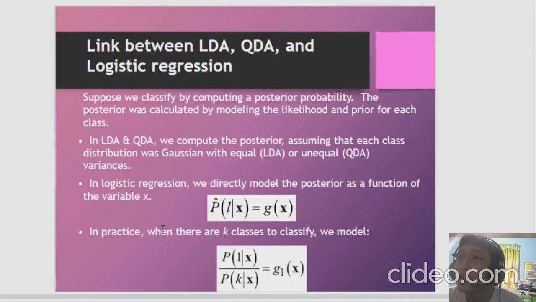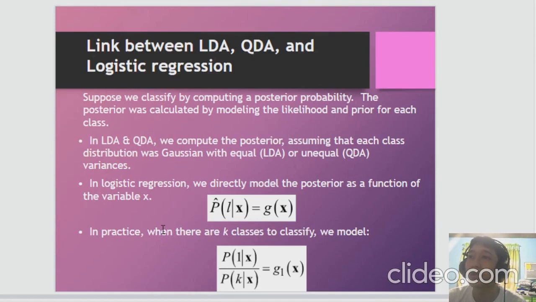This is the link between LDA, QDA, and logistic regression. Suppose we classify by computing a posterior probability. The posterior was calculated by modeling likelihood and prior for each class. In LDA and QDA, we compute the posterior assuming that each class distribution was Gaussian with equal (LDA) or unequal (QDA) variance.